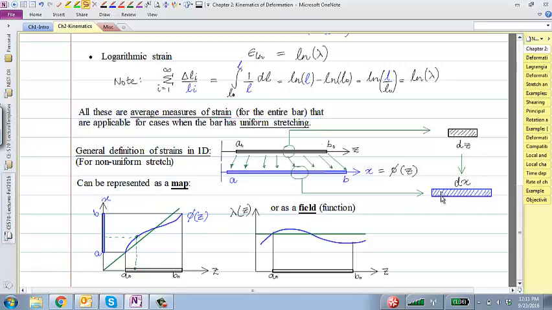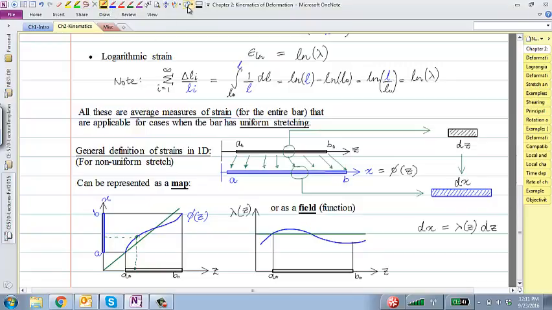So what we can do is to express dx as lambda, a function of z, where if you're trying to find out for some small dx on the deformed body, that would be equal to lambda times dz.